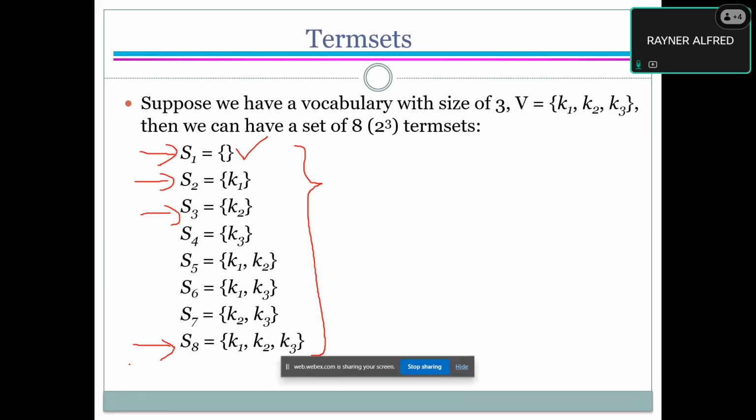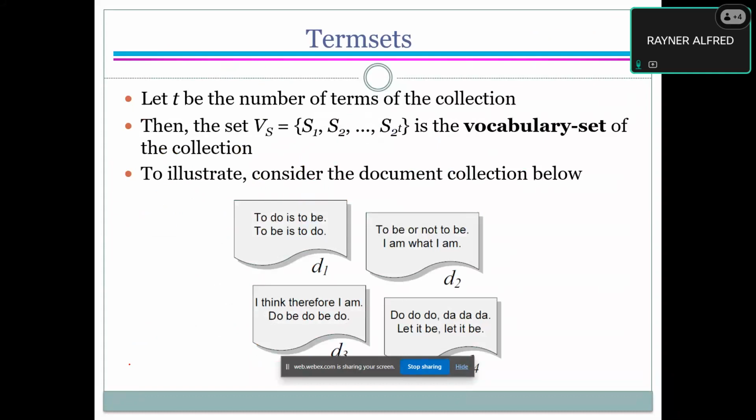So let's suppose we have the patterns S1 up to S 2 to the power of t, where t refers to the number of unique terms that we have. So the number of different patterns here is up to 2 to the power of t.